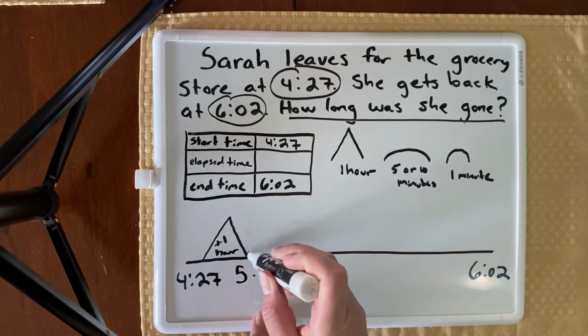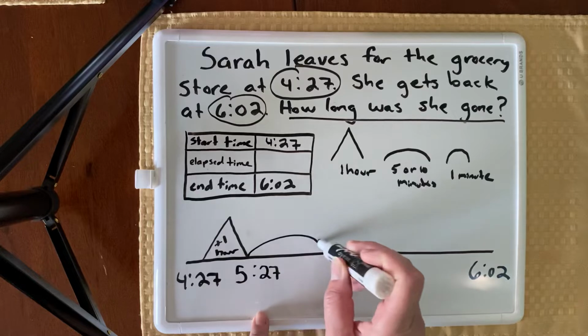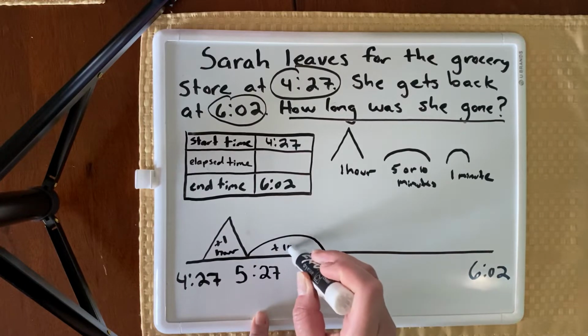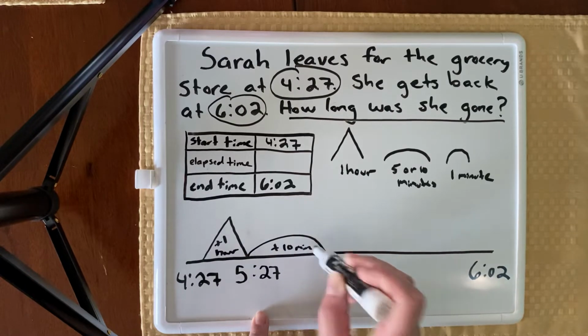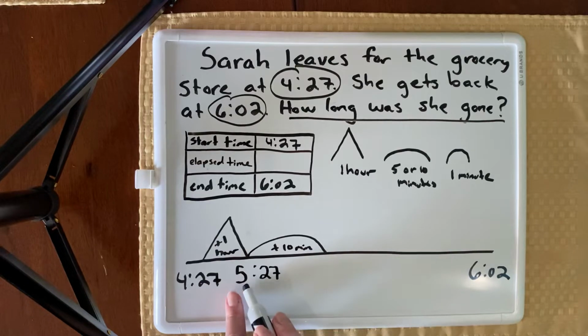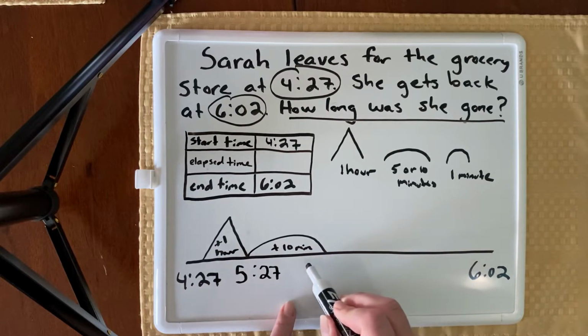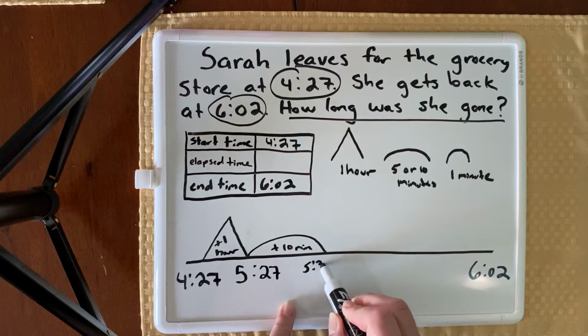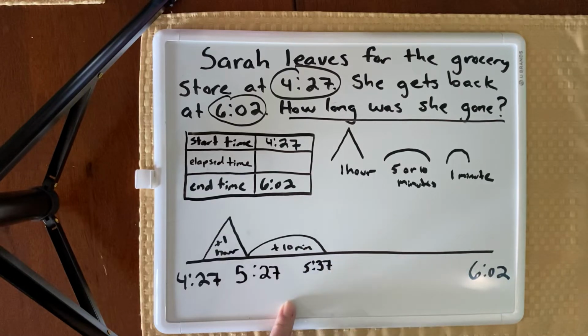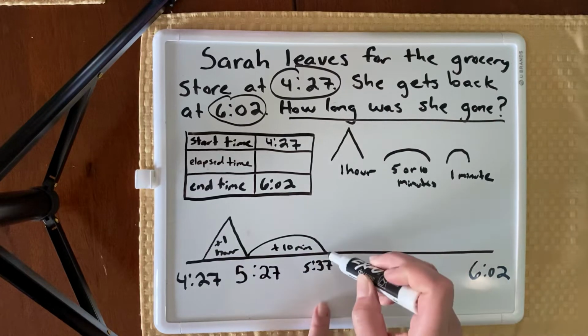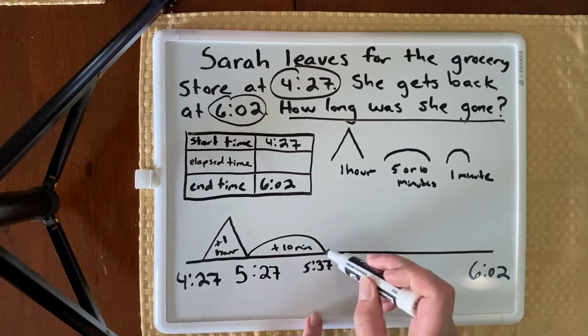I'm going to do a hill and add 10 minutes. So 5:27 plus 10 minutes would give me 5:37. I can keep going. I haven't gotten to my 6:02 yet.